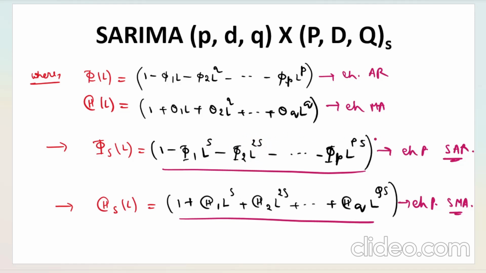Seasonality means that the same pattern is repeating after some time, right? So basically the pattern is repeating after every S period. So here you have S, here you have 2S, here you have PS, where P is the capital P that comes from here. And for capital theta S L, you have the same thing in terms of capital theta 1 L to the power S, L to the power 2S, and here you have L to the power QS associated with this Q.